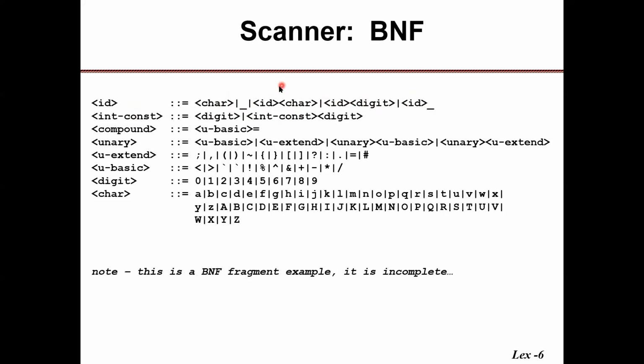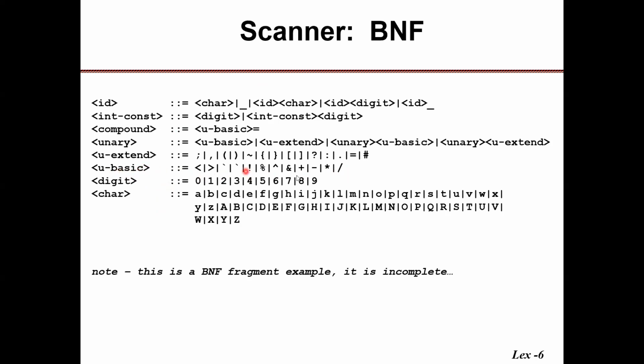Now comes something a little bit different. Let's start down here, because the most basic fundamental things are at the bottom. We try to grow them up. So UBasic. UBasic are these special symbols that we defined as always going to be just one. These are never going to be a compound operator. These are unary operators.